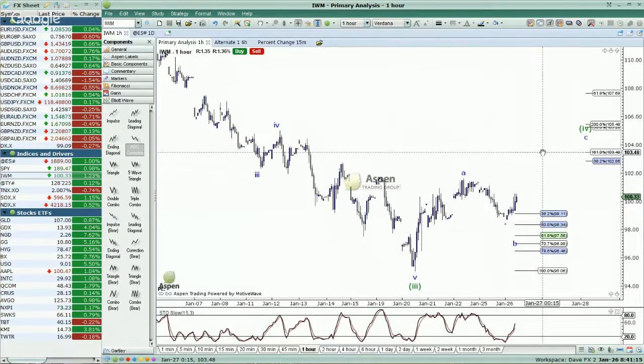So I guess to kind of sum up, broadly speaking, I'm looking for the S&Ps to move lower. If the S&Ps move lower, Aussie dollar and Kiwi dollar are very good candidates to be short in the FX market. By going through the steps that I showed you today, my personal choice would be to be short the Kiwi dollar.